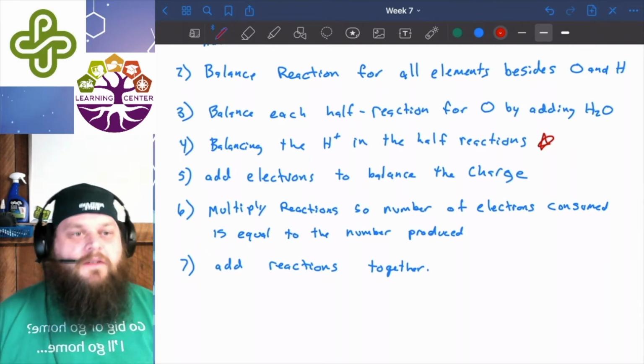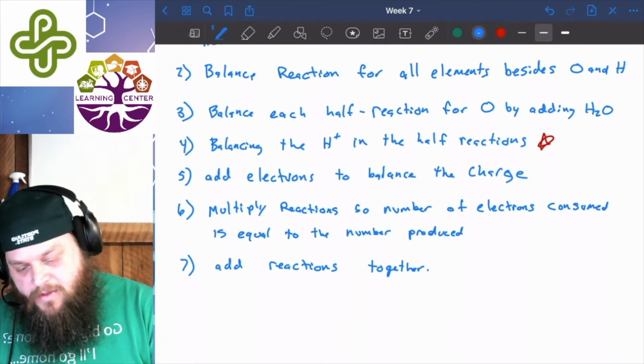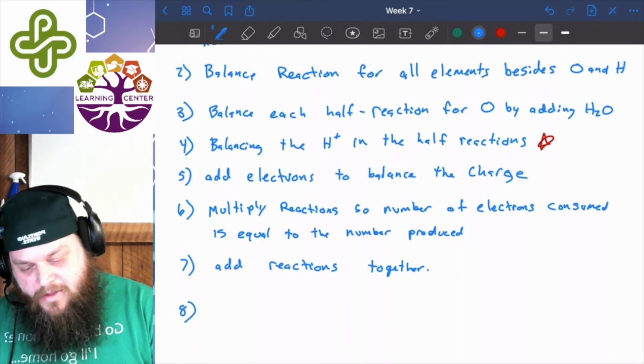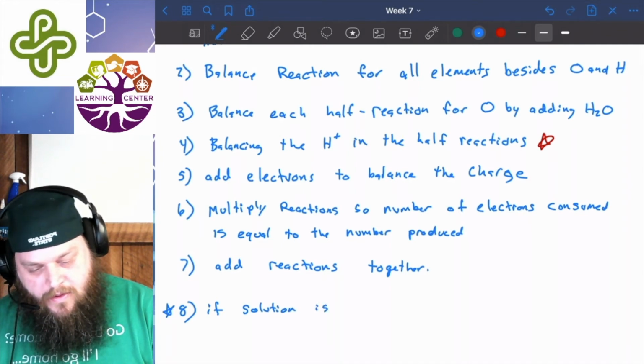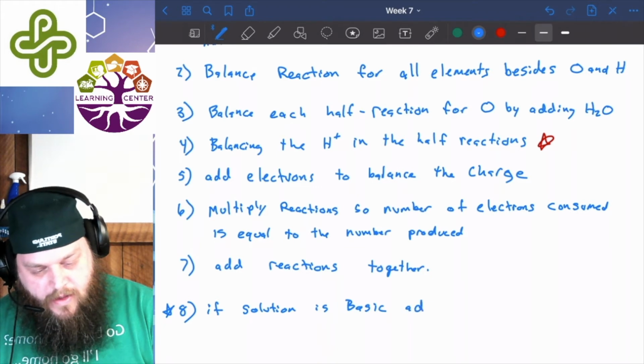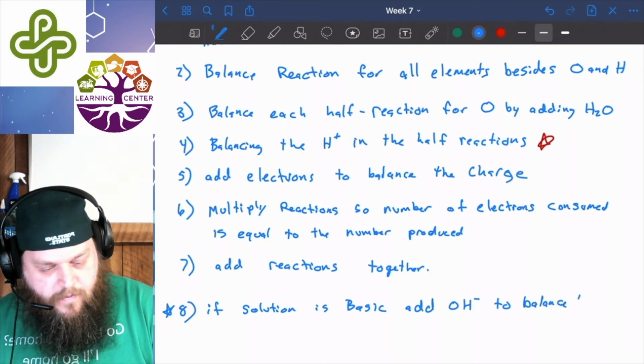But if we know it's happening in a basic solution, we have to add OH minus to it. So the last step, and this is conditional: if solution is basic, add OH minus to balance H plus.